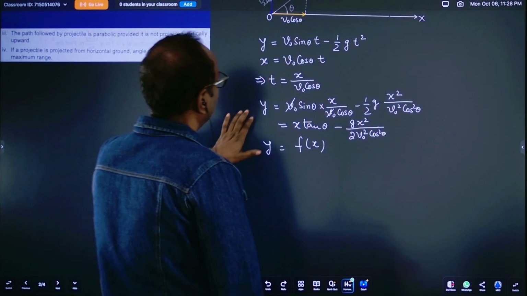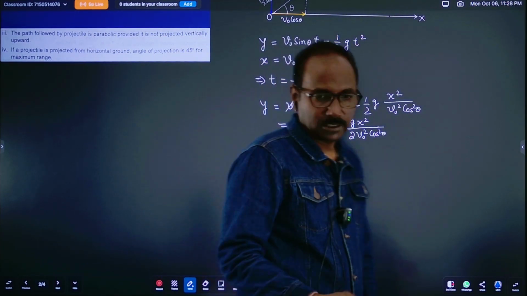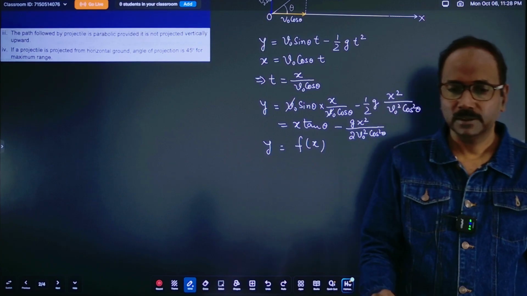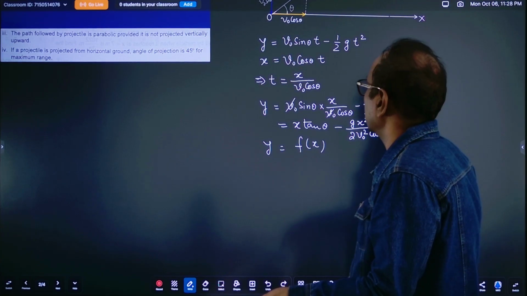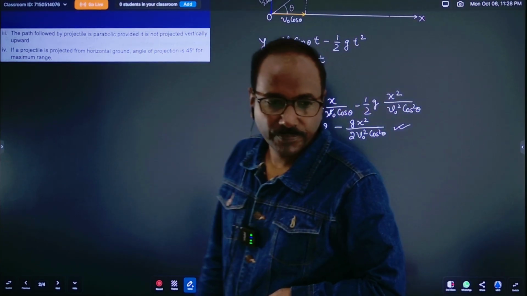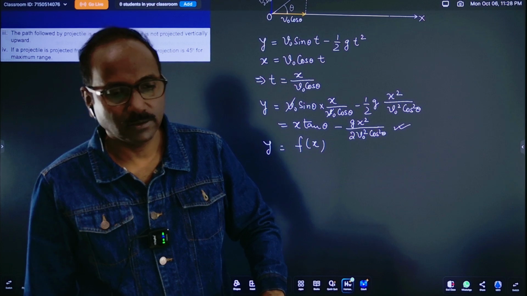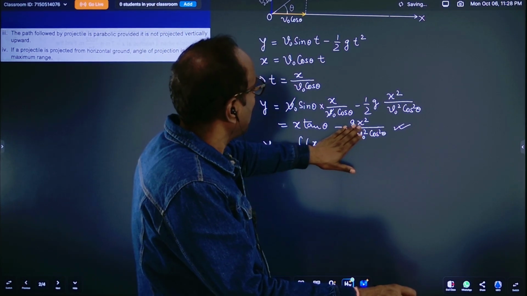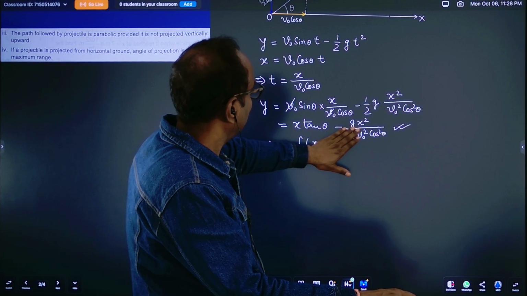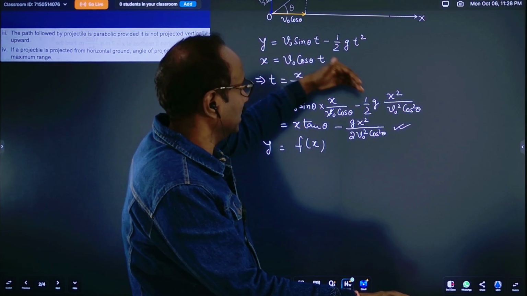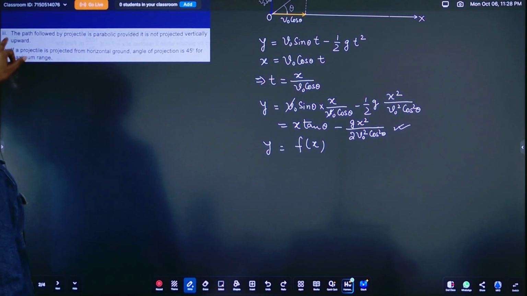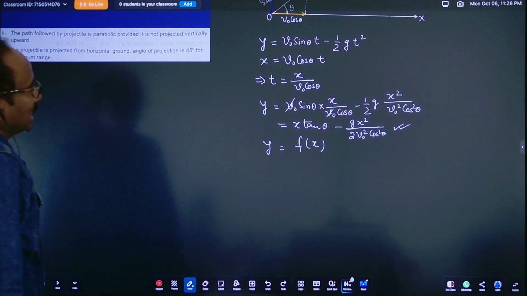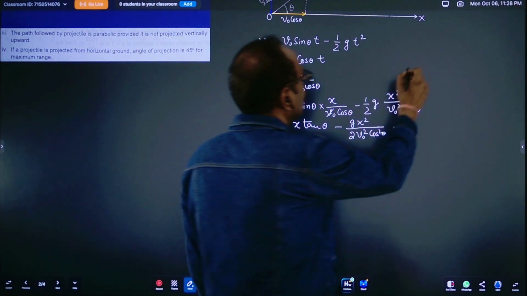So we know that when the equation is quadratic between two variables, such as in this equation, then the path followed will be a parabola. So when you trace the path, you will get a parabolic path. So the first statement will be true.